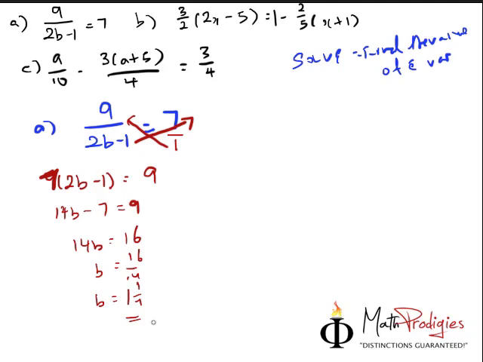Good job. And for this one, I'm going to explain a bit. What is cross multiplication? How did cross multiplication come about? Cross multiplication actually is a shortcut. It's not really a true method. Take a look at the left hand side.